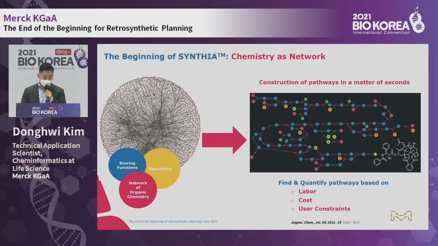And in 2012, new complexity was added into the program: it could construct pathways for published molecules from commercially available or known building blocks and quantify them based on the user's constraints.